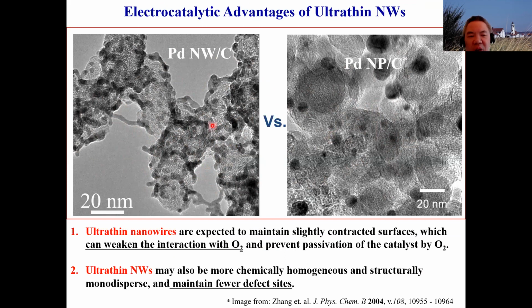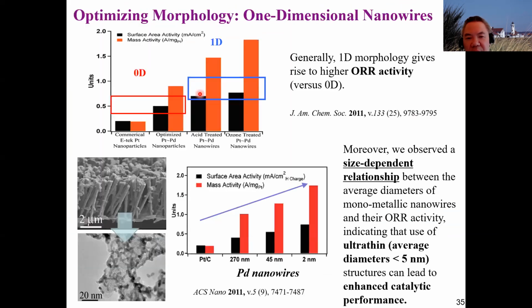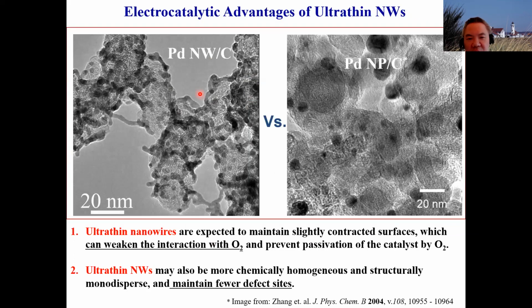So it's a much more highly active structure that you see for the palladium nanowires, which is on that left-hand side. Okay, so here's the other thing which we also should be aware of. It's not only the chemical composition which matters, the fact that you make these wires.